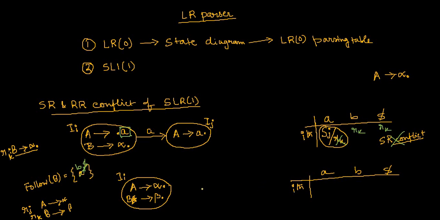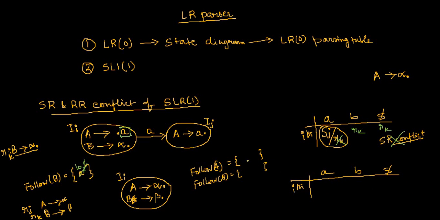Rather, you put it in the follow of the left hand side, that is follow of A. A similar rule will be applied for this production rule also. So I have to find out what is follow of A and what is follow of B, and depending on that I have to put the moves.